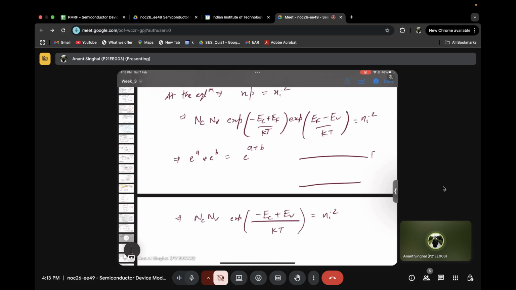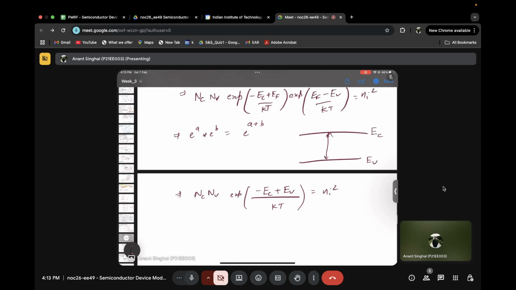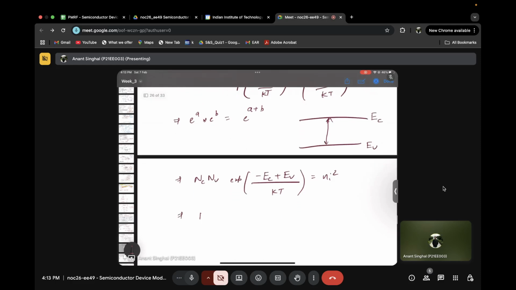And if I draw this Ec, this is Ev. So what is Ec minus Ev? Exactly. So it should be NcNv exponential of minus the band gap, which is Eg, over kT.